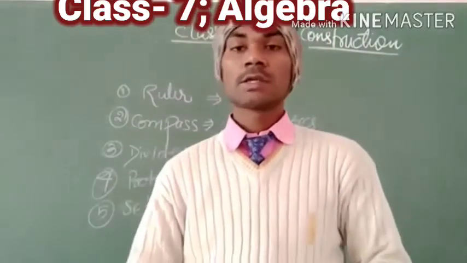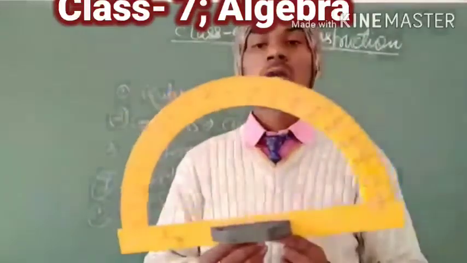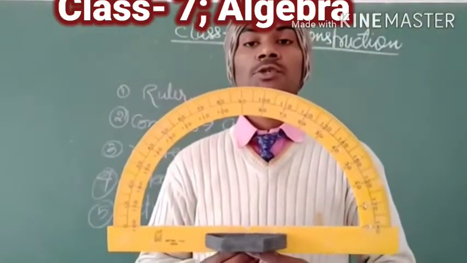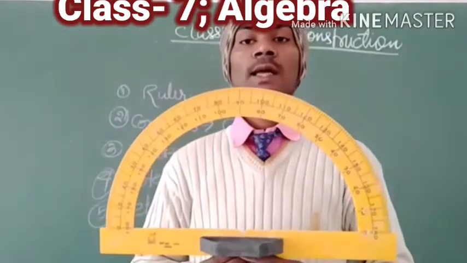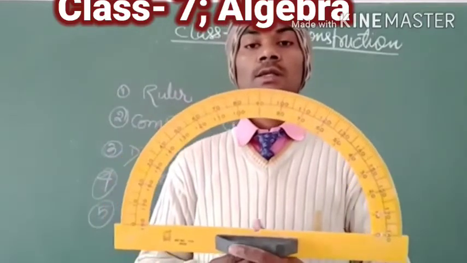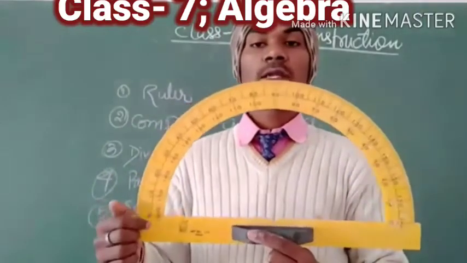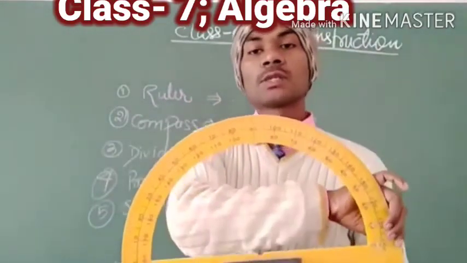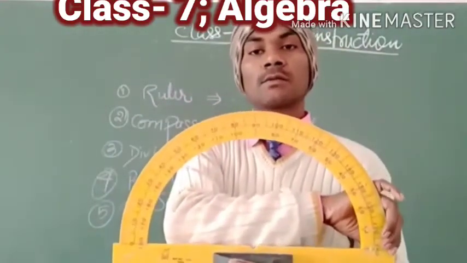Here you can see this is a protector, and on it there are point marks which represent angles.